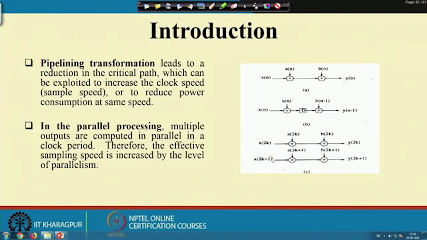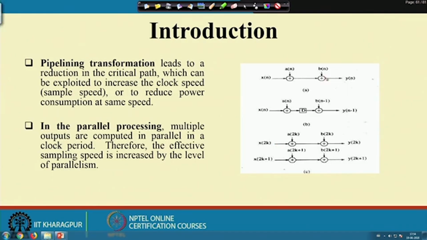Then again, as I have employed 2 parallel processing elements, I am again increasing the sampling speed. The sampling clock period, instead of 1 nanosecond, now becomes 0.5 nanosecond. So I am increasing the speed up by again 2.